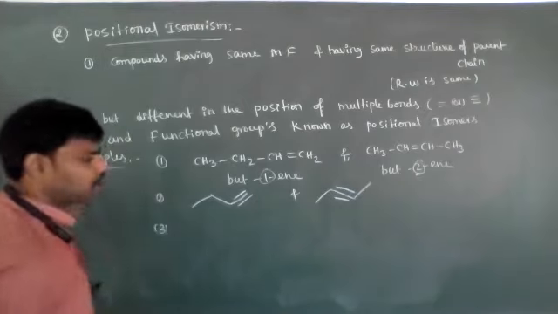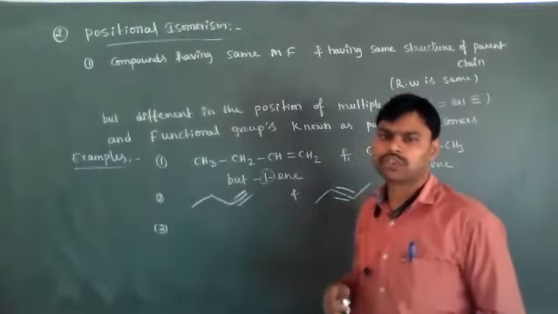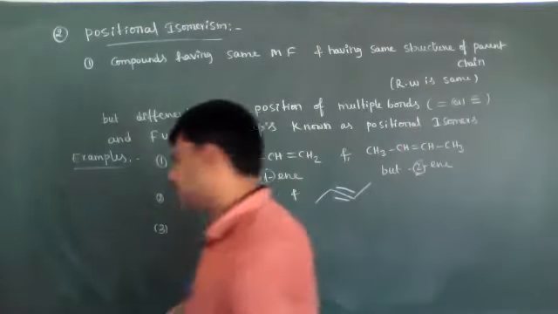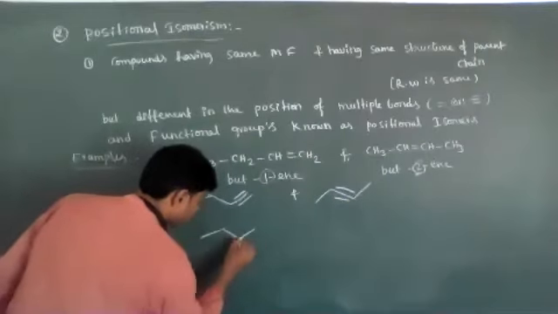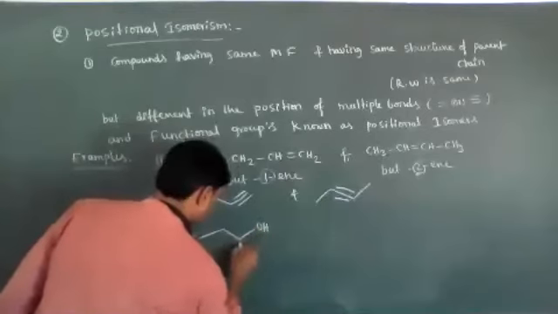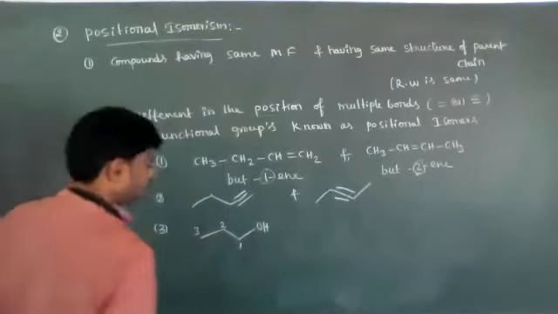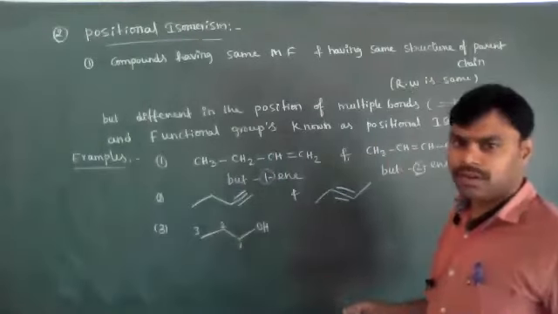The third one, if you want one more example, take alcohols, OH group containing functional group compounds. OH group at the first carbon means propan-1-ol.